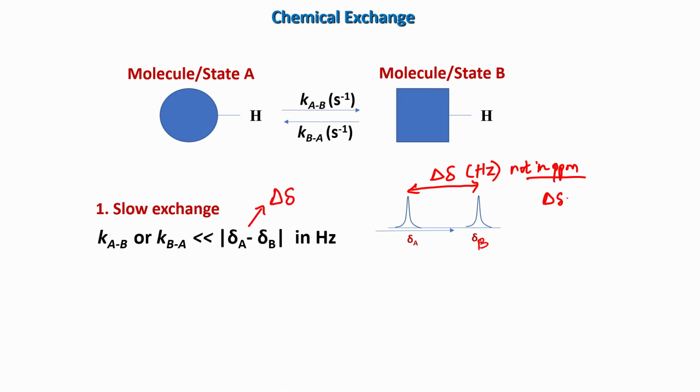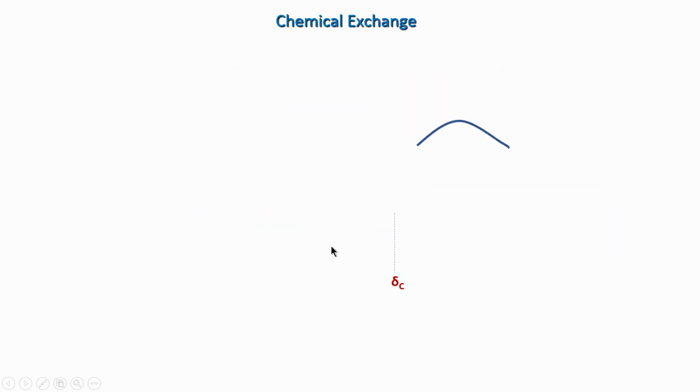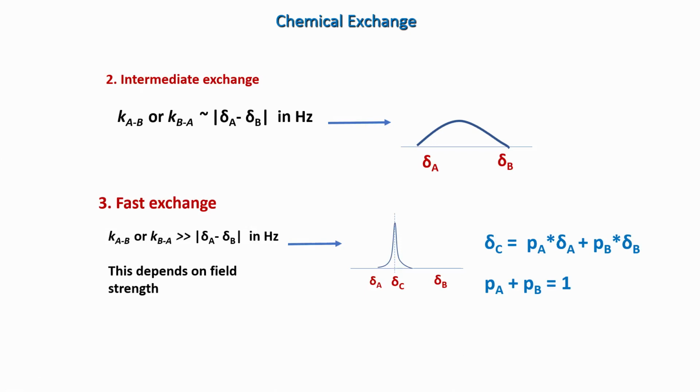If delta delta is 100 hertz and your k is 1 hertz, then it becomes a slow exchange. So the rate constant is much smaller than the difference in the chemical shift measured on the hertz scale. So that earlier case was the slow exchange case.